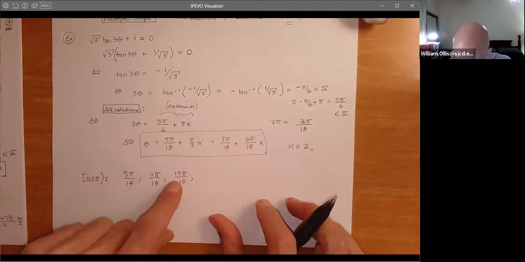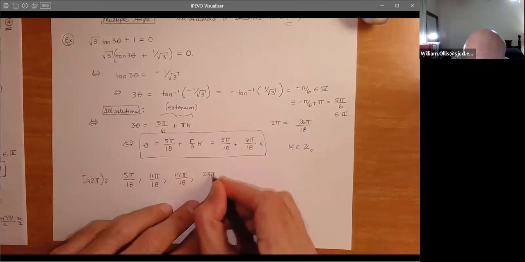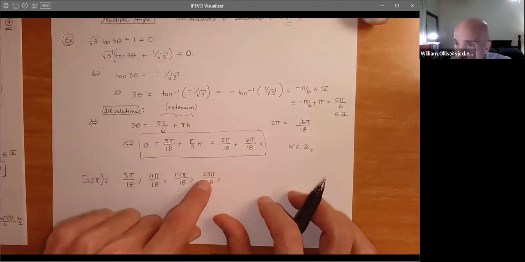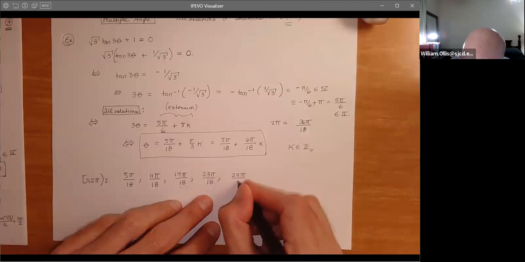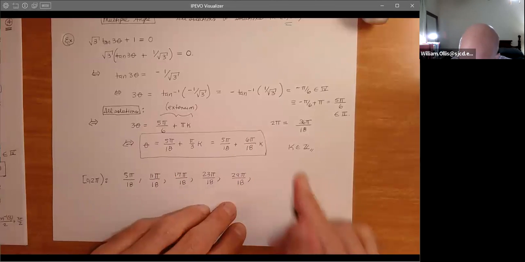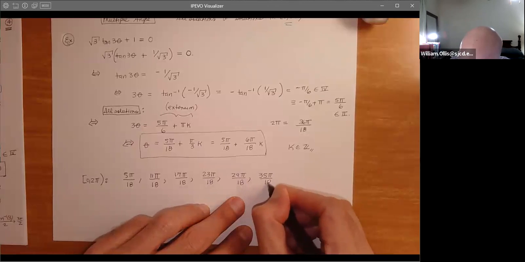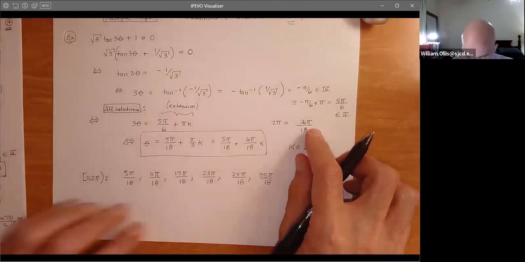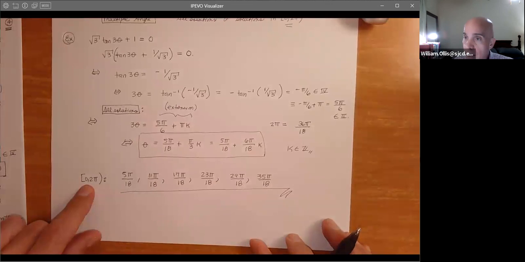Now we say 6 plus 17, that gives us 23. And then 6 plus 23, that gives us 29. And we're almost there. 6 plus 29 gives us 35. So now what we can see, if we add another multiple here, that will take us beyond this. So this gives us the solutions that live here.